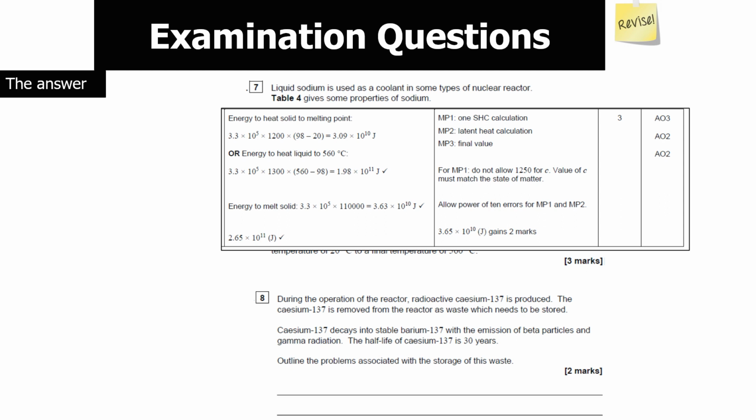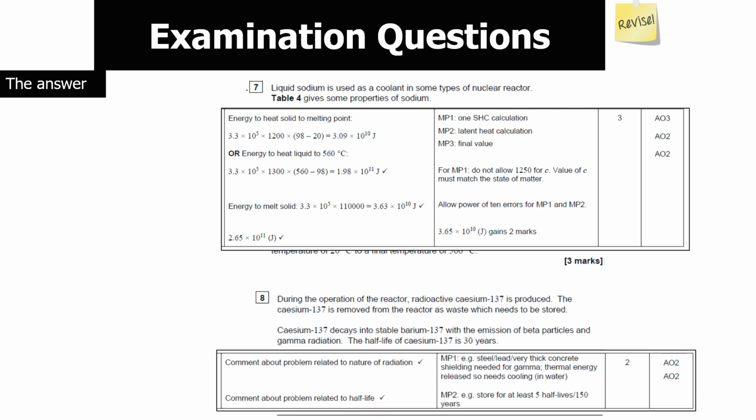Now in this last question, you will be asked to know about how you can store nuclear waste. So from looking at the information given in the question, you've got to link to the idea that there's going to be high energy particles released, which could be ionizing. So you've got to think about how you can shield the radiation so it doesn't release these particles around people.